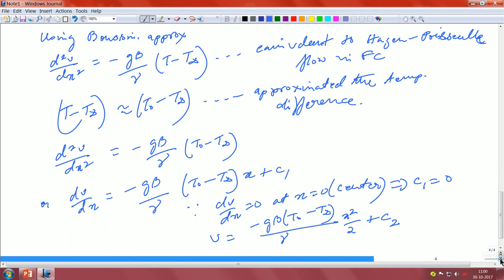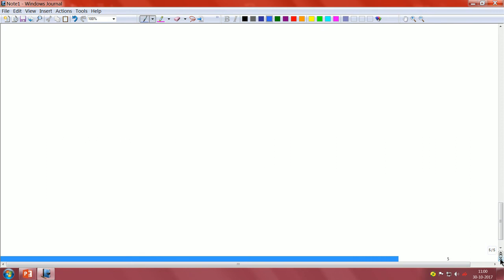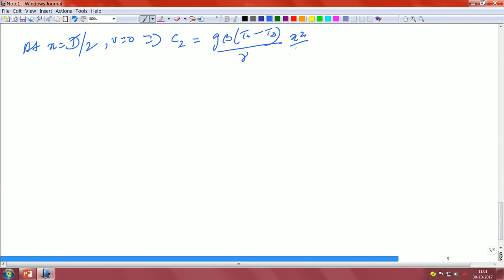Now, at x equal to d by 2, that means at the wall, your V should be equal to 0 because of the no slip condition. This leads to your C2 being equal to g beta, T naught minus T infinity, divided by gamma, times d square by 8, with the negative sign. Okay.